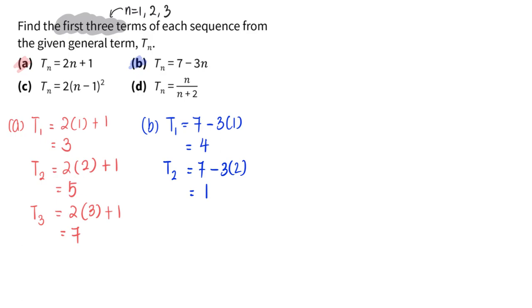And the third term will then be, substitute n as 3, negative 2. Done. Alright, and we shall move on to part C.